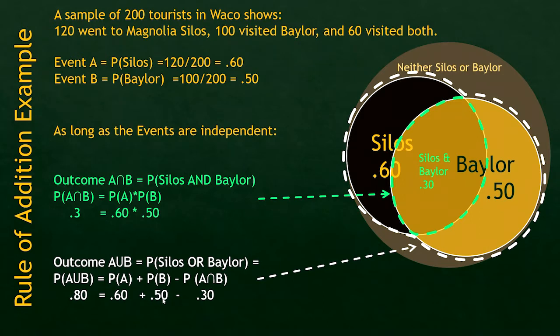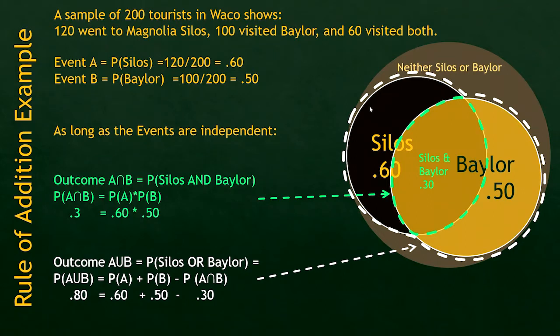So you add the two of those together, and then you subtract the intersection right there. Remember, we're subtracting it one time, or else it would have been included two times. So we're subtracting it one time, so that way it's only represented once. And that's going to give us 0.8.